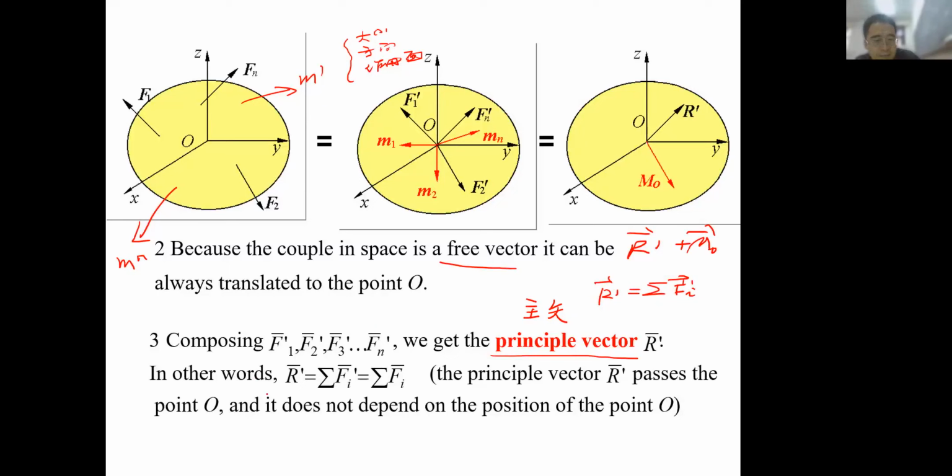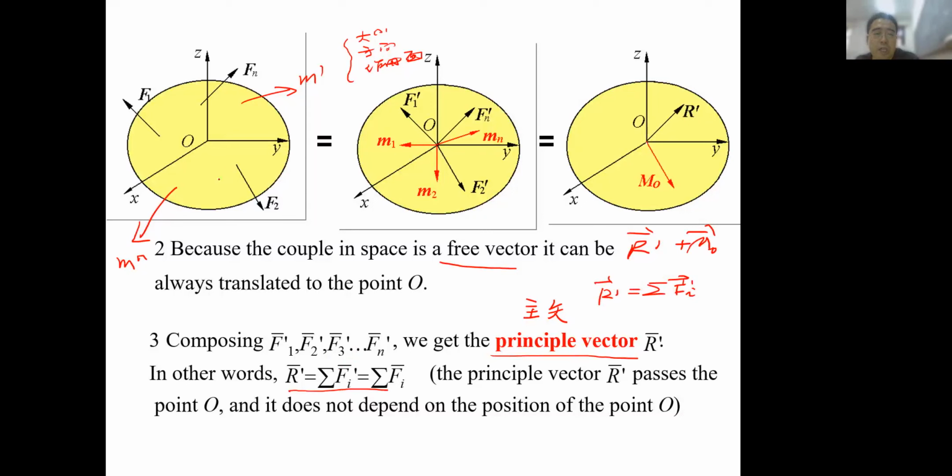In other words, I write this: R prime equals sigma Fi, because when we do the translational move of all the forces, we do not change the original direction and original magnitude. So when we do this calculation, we do not need to move them.